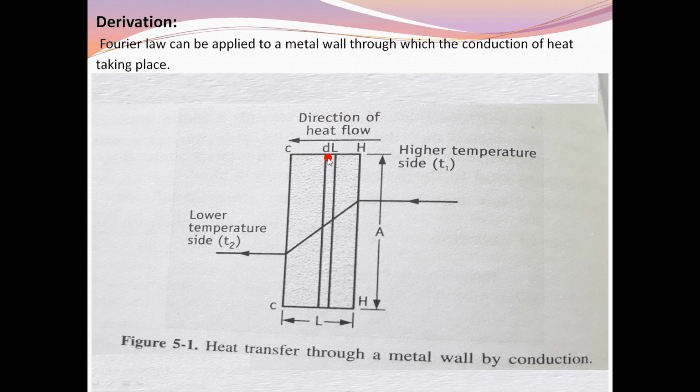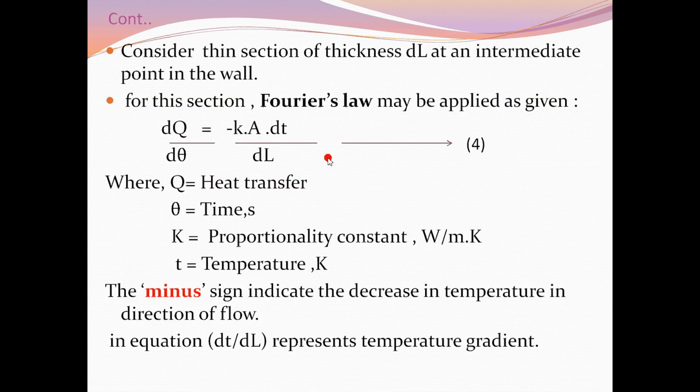So now the equation becomes dq by d theta is equal to minus kA into dT upon dl. Here dq by d theta is the rate of heat transfer. Why dT by dl? Because this shows the temperature drop or temperature difference.